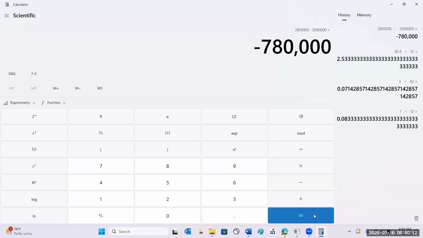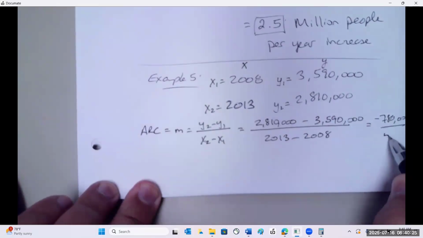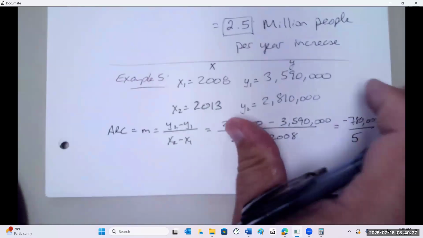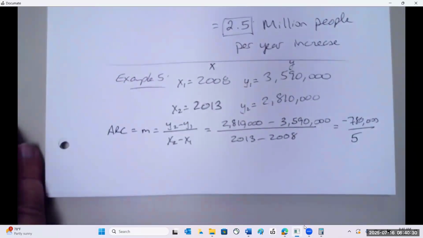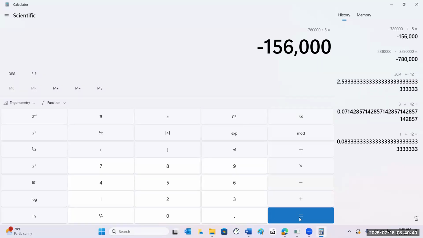That equals negative 780,000. 2013 minus 2008 is 5. So we have this number, we divide it by 5. Our average rate of change is negative 156,000.